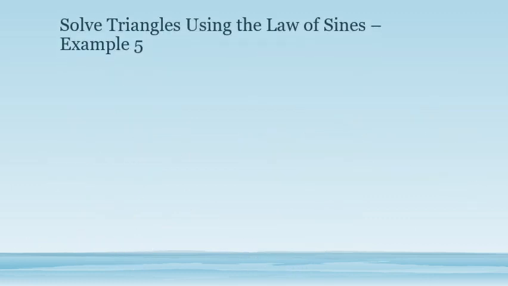So hopefully that GeoGebra applet confirmed in your mind that there are, in some cases, two possible triangles, and you were able to play around with those sliders, setting them to example 4, what you were given, and then hitting show ambiguous case, and you were able to see the two answers that we came up with.